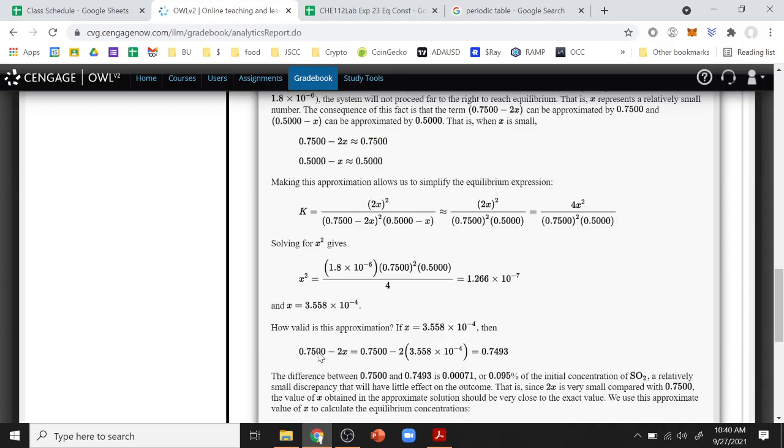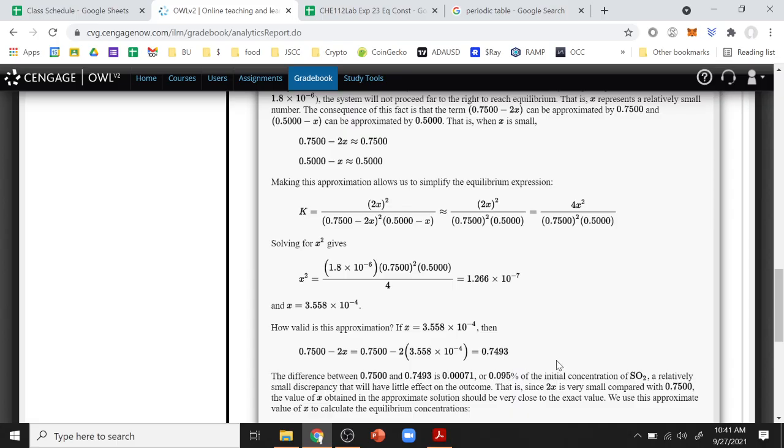I go ahead and plug that into my numbers above. So I plug it into one of them and see, was my assumption correct? Because remember, I made an assumption to make my math easier, didn't I? So I plug that in. I find out that I would get a number of 0.7493. Yeah, I'd round that back up to 0.75 in most cases, right?